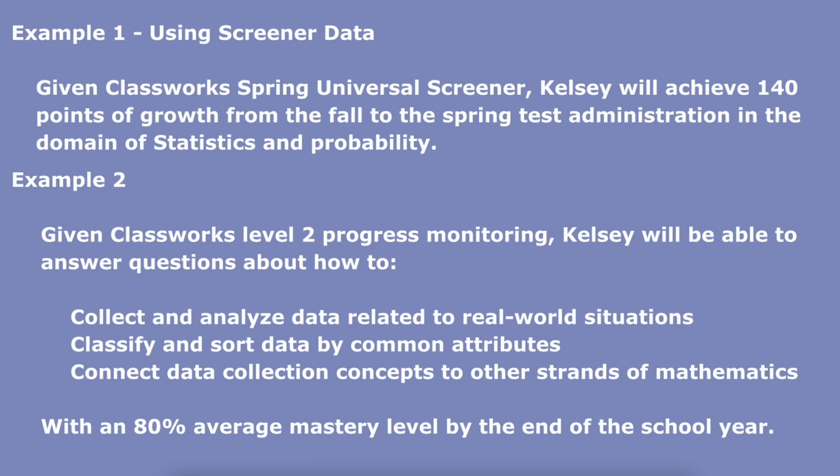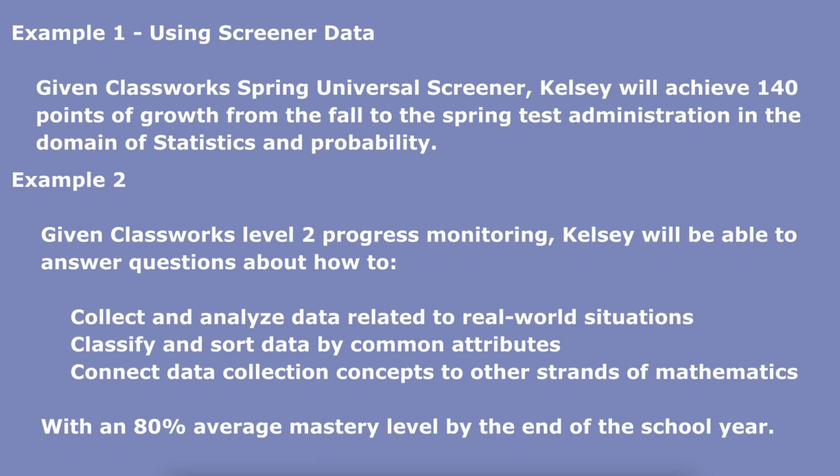Example 2, given Classworks Level 2 progress monitoring, Kelsey will be able to answer questions about how to collect and analyze data related to real-world situations, classify and sort data by common attributes, connect data collection concepts to other strands of mathematics with an 80% average mastery level by the end of the school year. Both are meaningful and challenging for Kelsey because both are looking for her to see 2 years worth of growth in a single year.